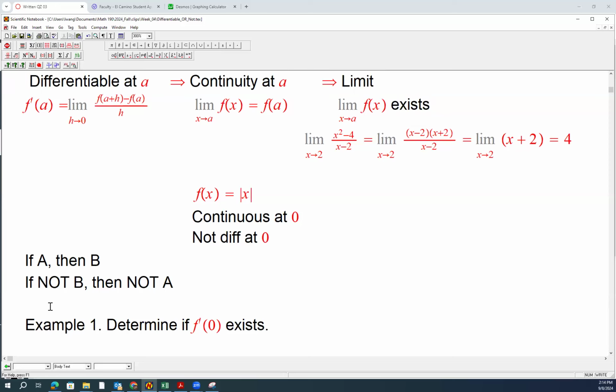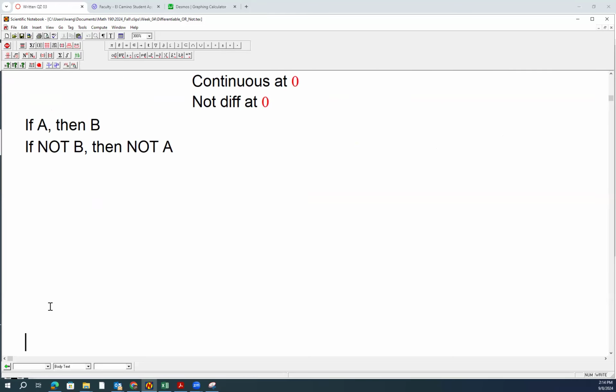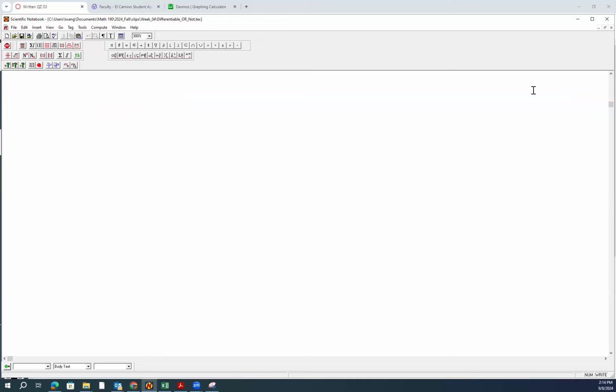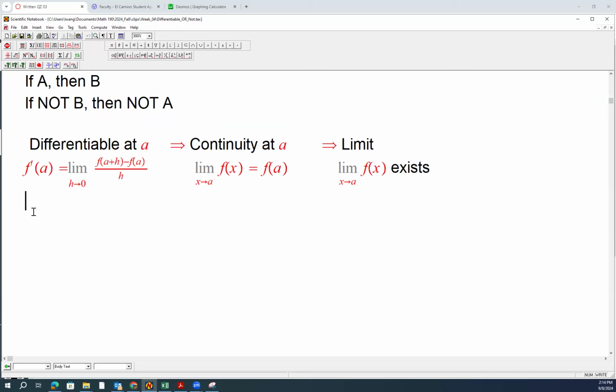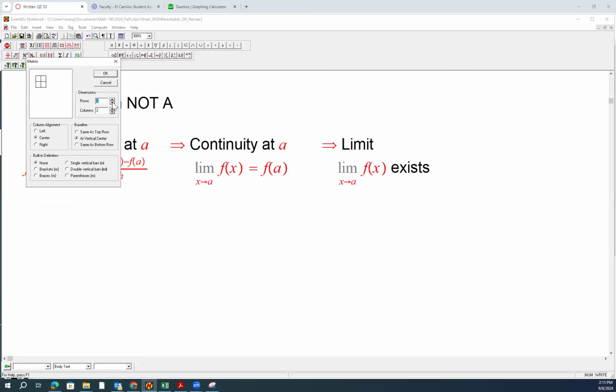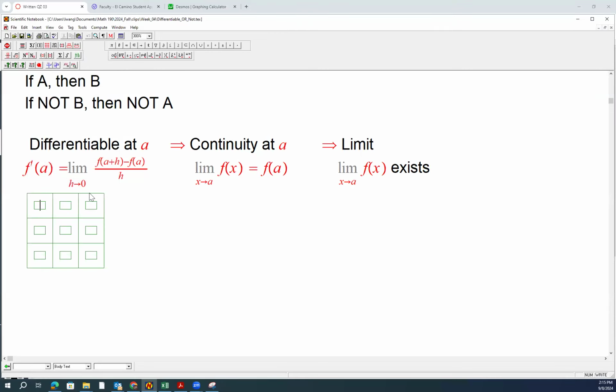We have two examples to go over, and we're going to develop a strategy. We have the logic here, so we have this basic relationship. Maybe I can set up a table, so that would be easier to move around, with 3 columns and 3 rows for now.